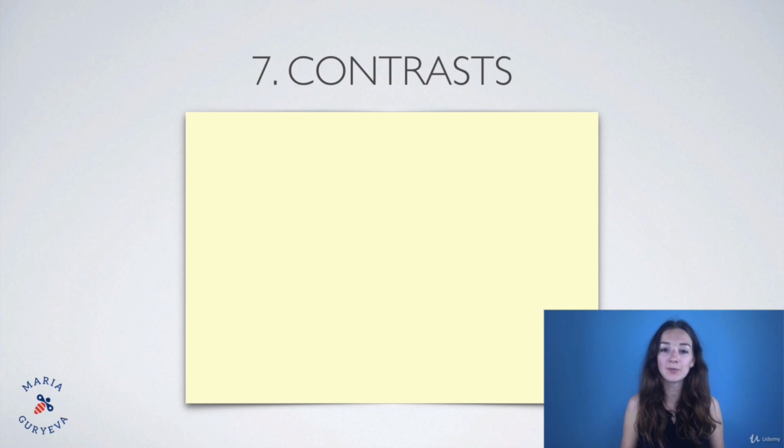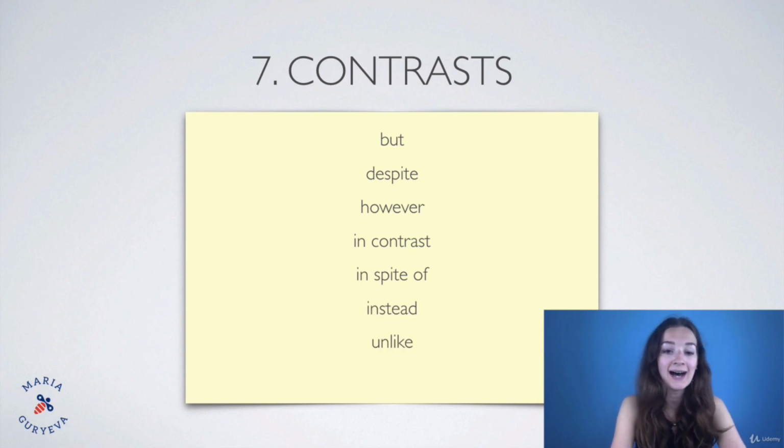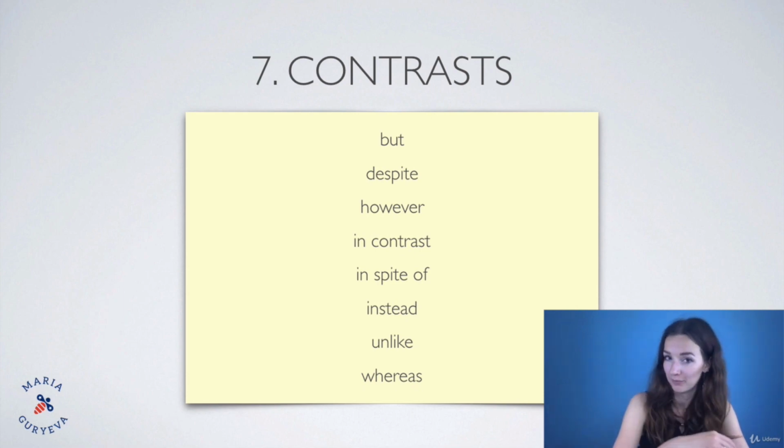All right, the next one is contrasts. Let's have a look at the contrast signals that will tell you that at some point in the sentence we're going to have opposites, so we should look for the opposites. Such signals can be: but, despite, however, in contrast, in spite of, instead, unlike, whereas. If you see one of these words, it means that everything that follows contradicts everything before it.